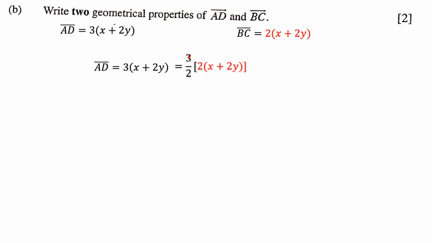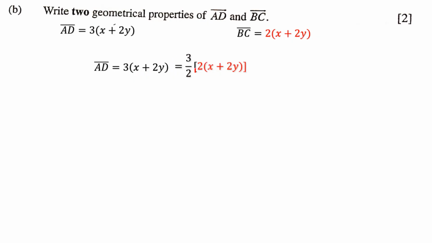If we multiply 3 over 2 by 2 open bracket x plus 2y, what's going to happen is this 2 and this 2 are going to cancel out, and we're going to be left with 3 open bracket x plus 2y. So basically, AD can be written as 3 over 2 times 2 open bracket x plus 2y.